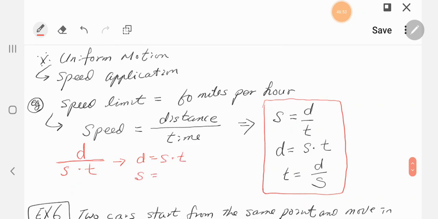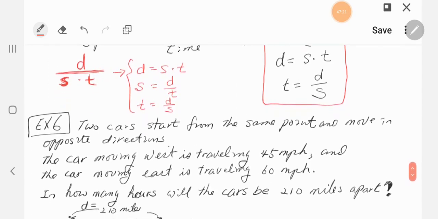The speed is equal to distance over t. Or the time is distance over s. So we can write three different equations.